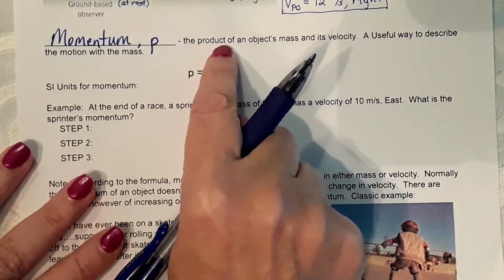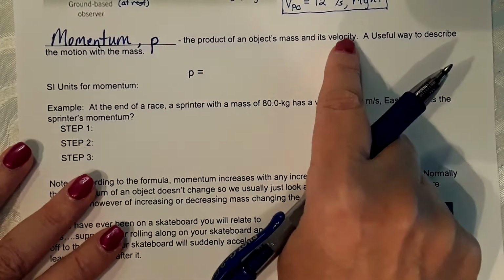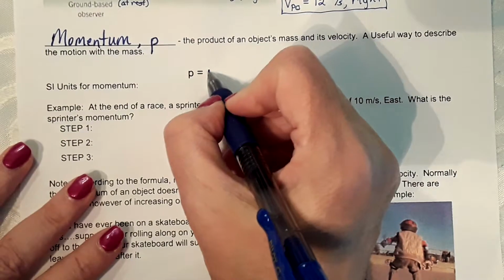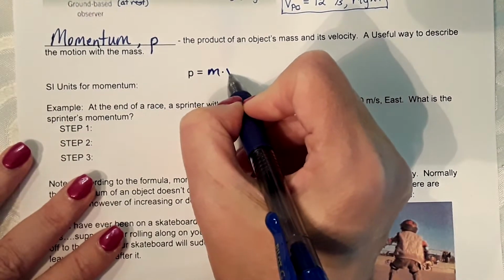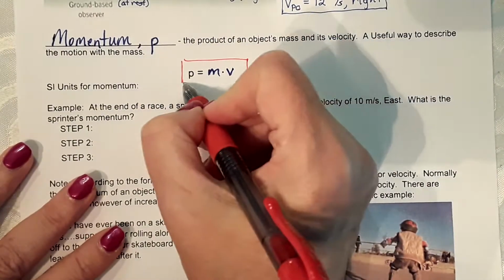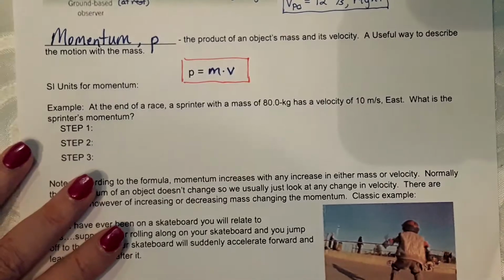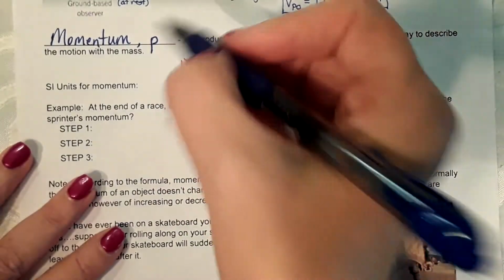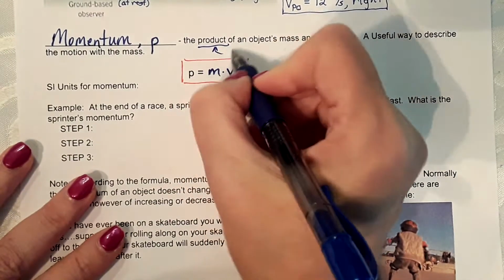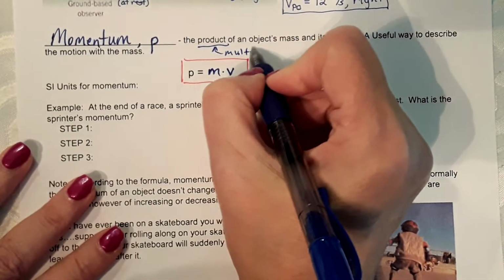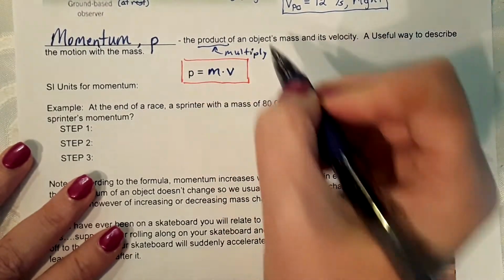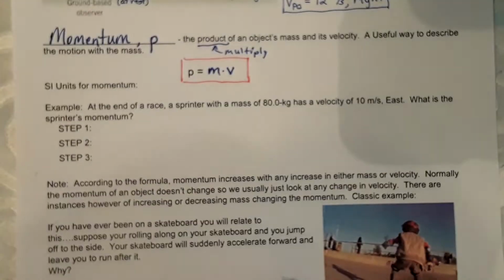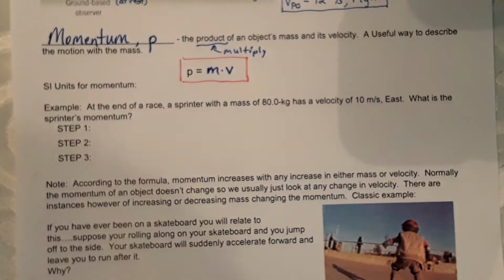So mass times velocity. And this is how we'll calculate momentum. That's a good way to remember anytime you see product that you're going to be multiplying things.